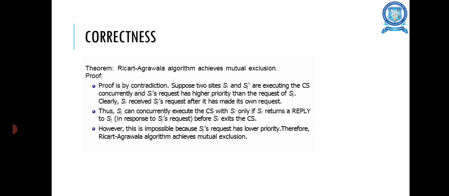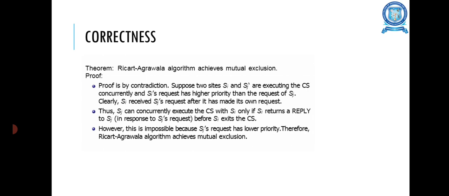Correctness of the algorithm. The algorithm is proved by using the theorem that the Ricart-Agrawala algorithm achieves mutual exclusion. The proof is by contradiction. Suppose there are two sites executing the critical section concurrently. Si's request has higher priority than the request of Sj. Then clearly Si receives Sj's request after it had made its own request.